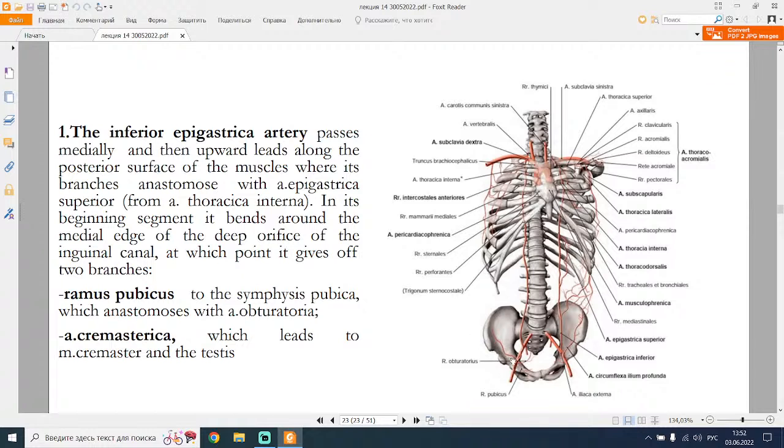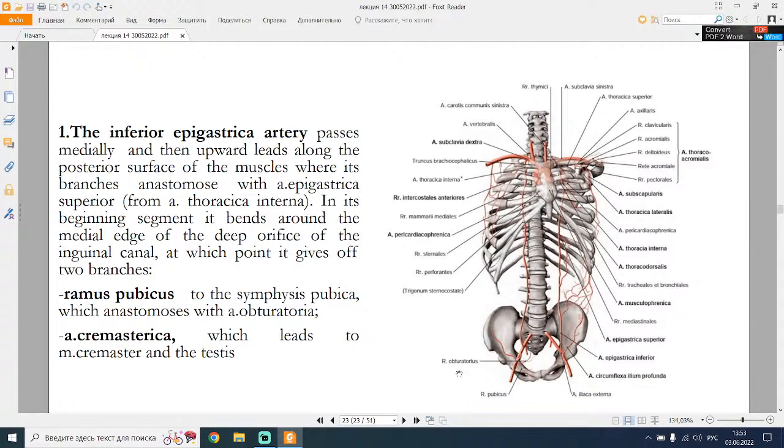At which point it gives off two branches: ramus pubicus and ramus cremastericus.